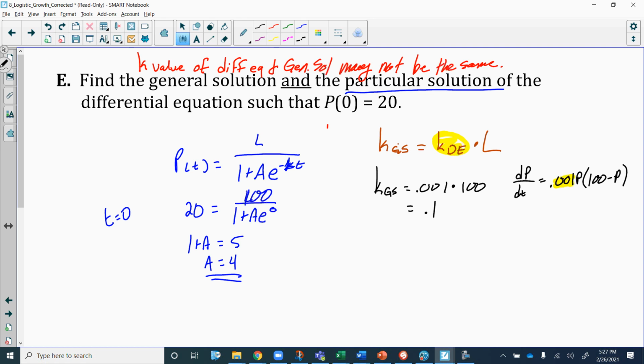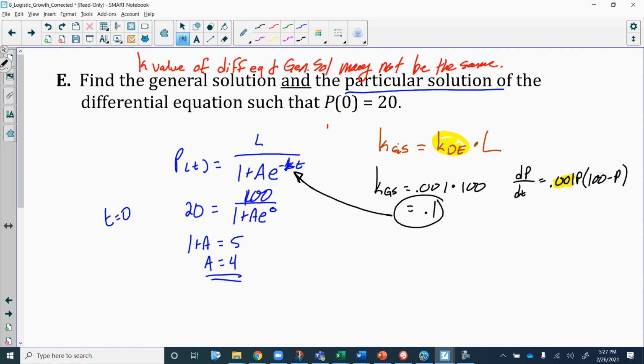Not because that was given to me in the problem originally, because the growth factor of the general solution and the differential equation, those two k values are not necessarily the same thing.